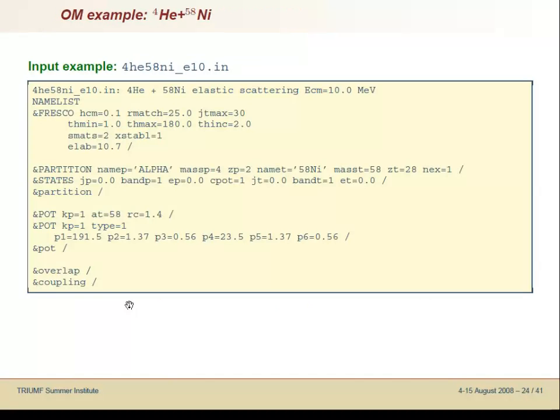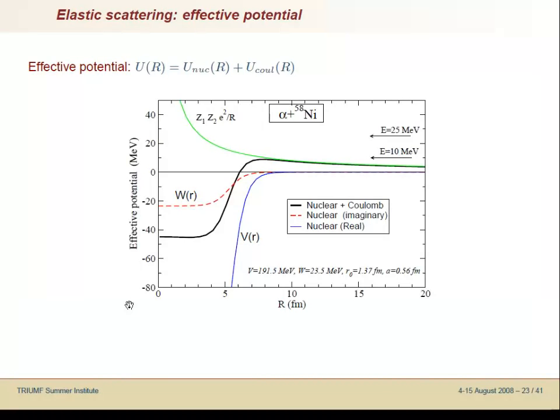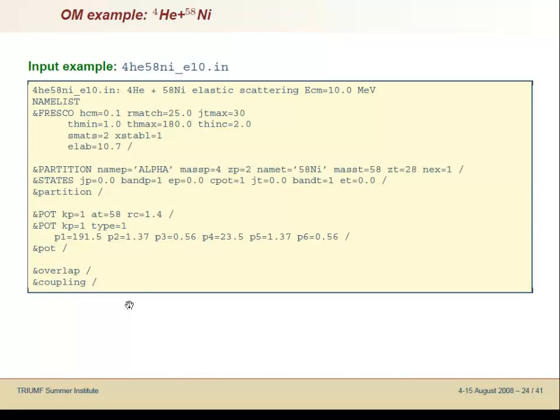And this is the input example for this case. Look at the parameters here, they are the same parameters. So this is exactly the physical situation that we are dealing with. The structure of the input, and now we will analyze each part, is always the same. Let me say there are two kinds of input formats.